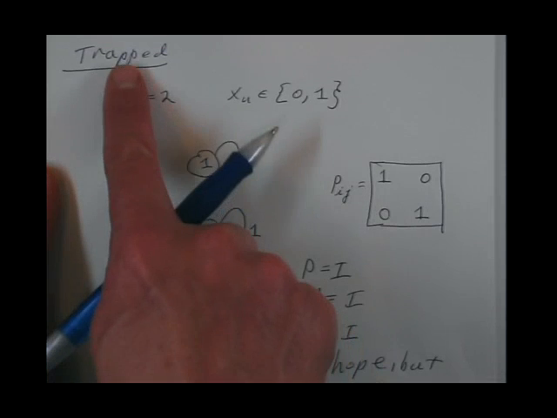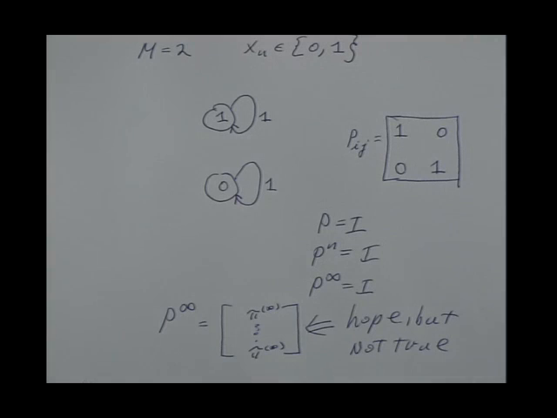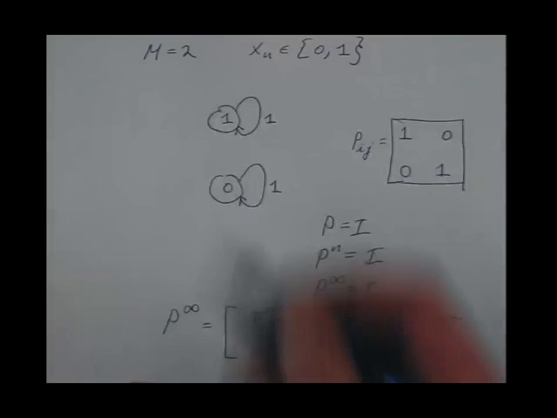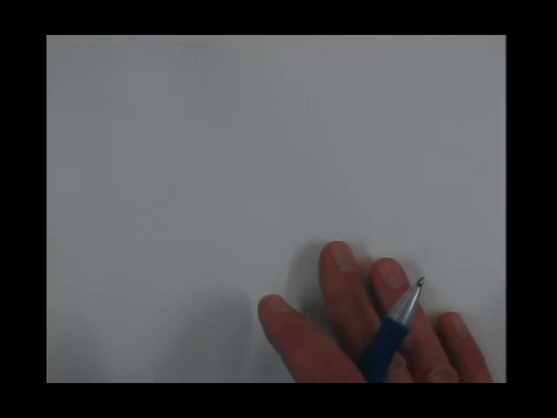Okay, so this is one case. You can become trapped, okay? So in this case, we say that the Markov chain is reducible because you can basically reduce it into two different Markov chains which are not connected, right? And the next possibility is that it can become periodic.